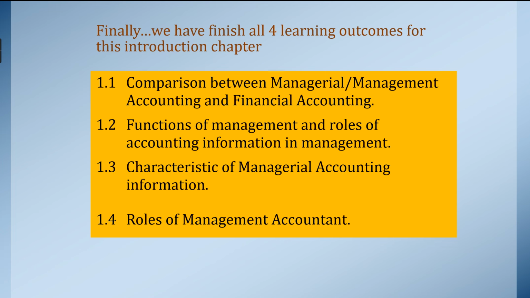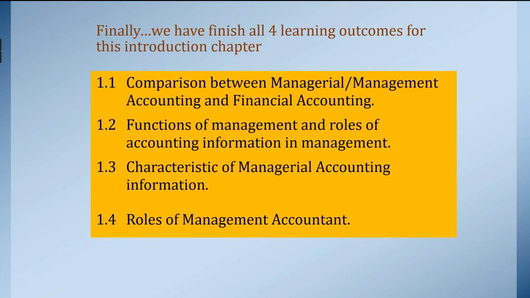Before kita nak tengok apa characteristic information of MA in the company, we need to know the function of the management first. Sebab tu kita kena tahu management ni dia buat apa. So dia akan plan, dia akan direct, dia akan control, and then they do the decision making.